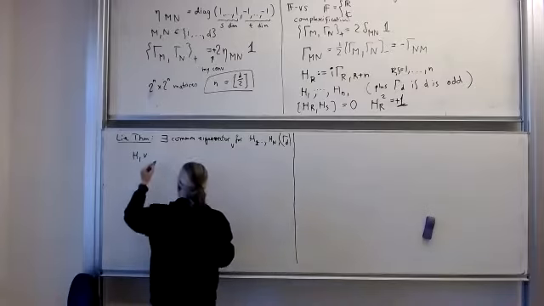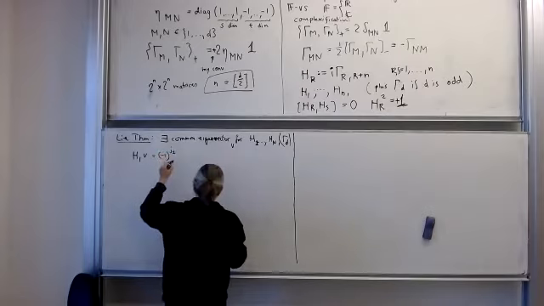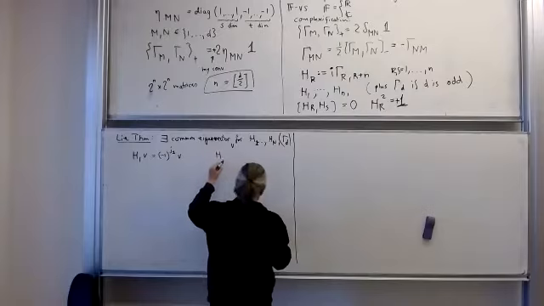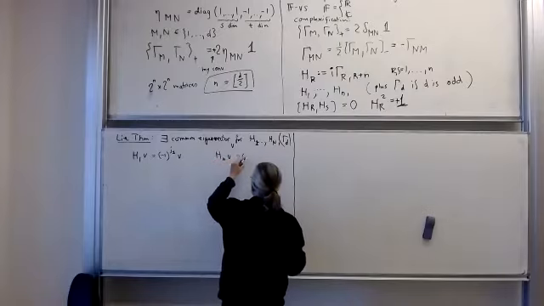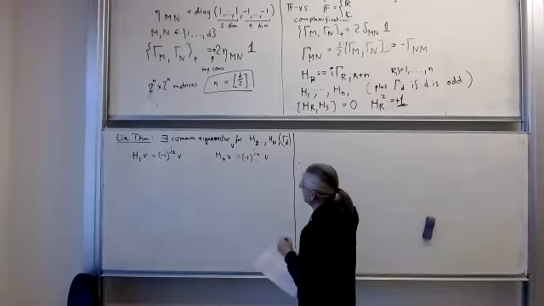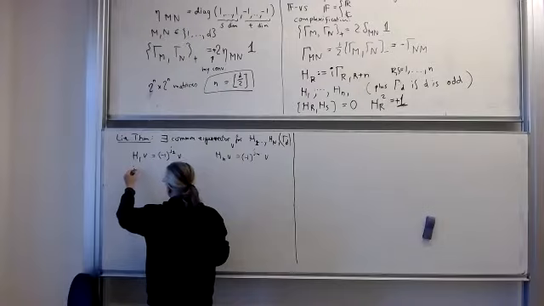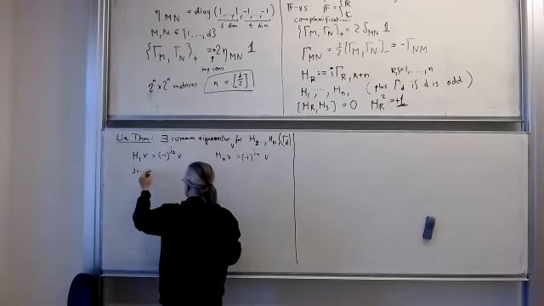So h1 of v is plus or minus 1 to the j1 times v, and the last one would be hn of v is minus 1 to the jn times v, where the j's are numbers which are either 0 or 1.